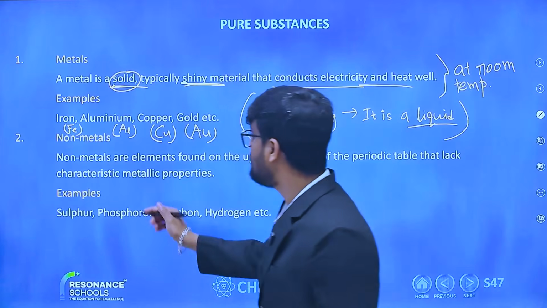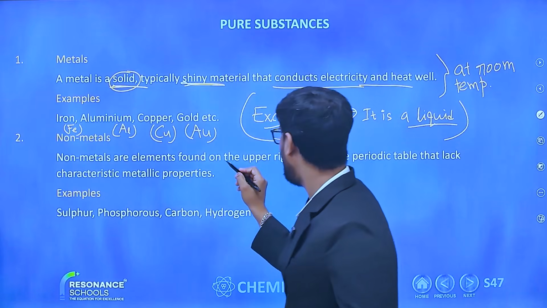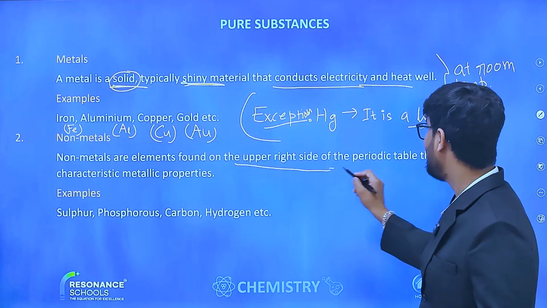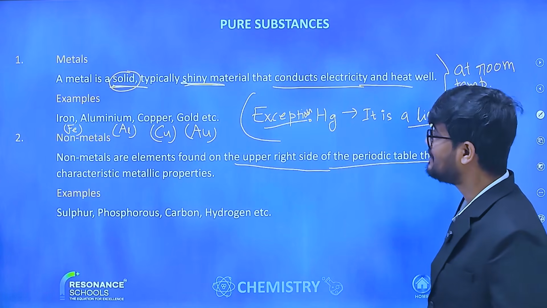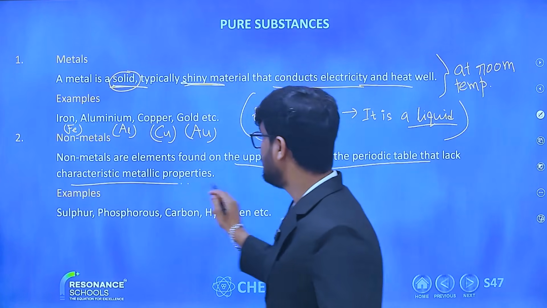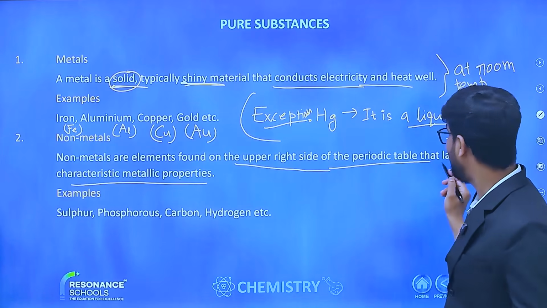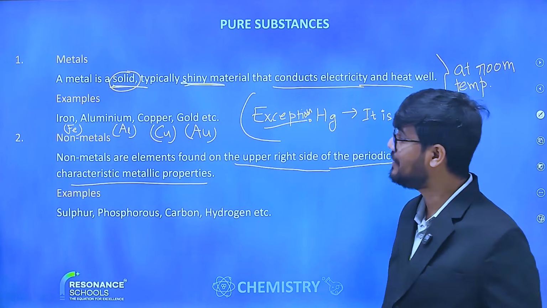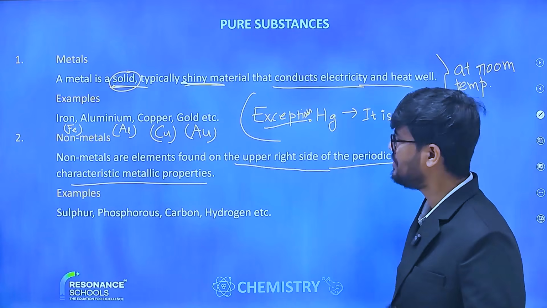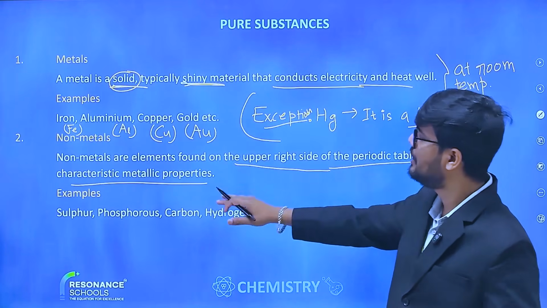Now non-metals are elements found on the upper right side of the periodic table that lack the characteristics of metallic property. What does it mean?